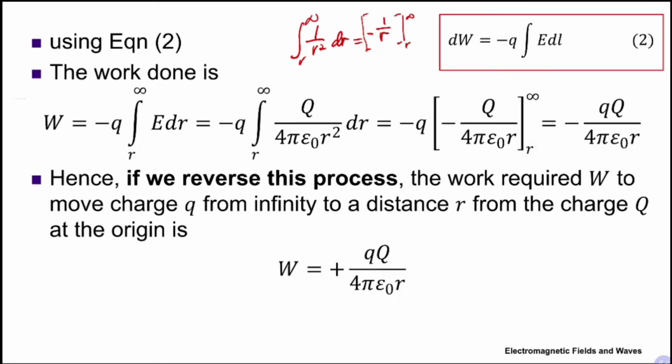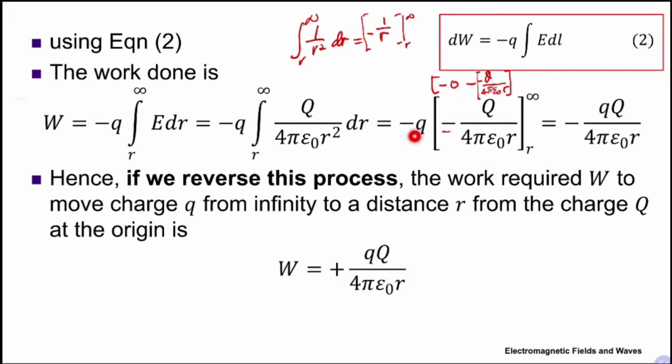Then this bracket comes out to be 0 minus this whole thing here, Q over 4 pi epsilon naught, and then r. Because we have a minus sign here, it is minus Q over 4 pi epsilon naught r.